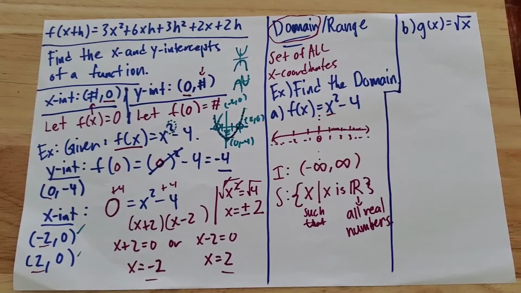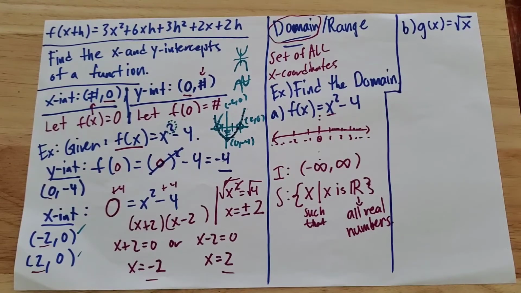Now, we have to build off information that we learned from before. What do we remember about square roots? Sit and think about what we said about square roots in terms of real numbers. What problems did we usually have when we dealt with square roots?